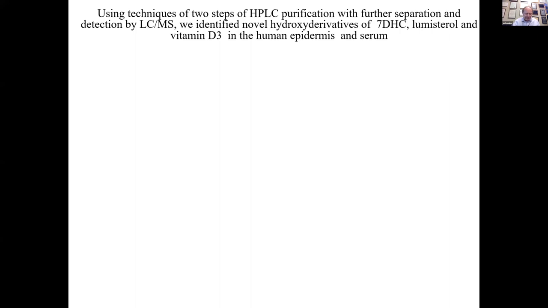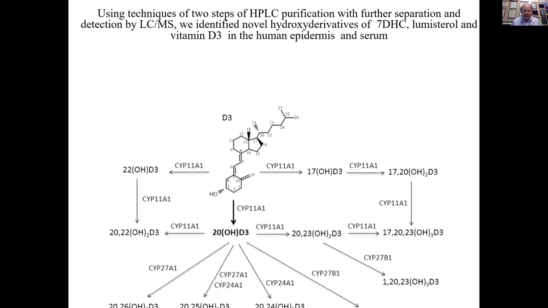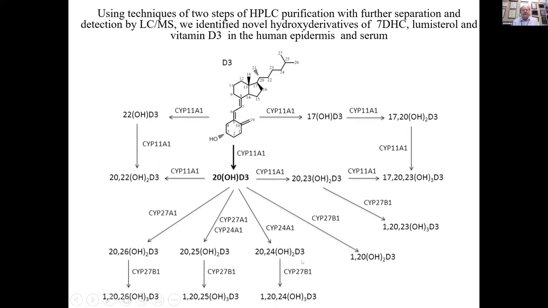We performed several experiments, and we detected many of these different compounds in human serum and human epidermis. Several biochemical and chemical analyses allowed us to lay down the following pathways.